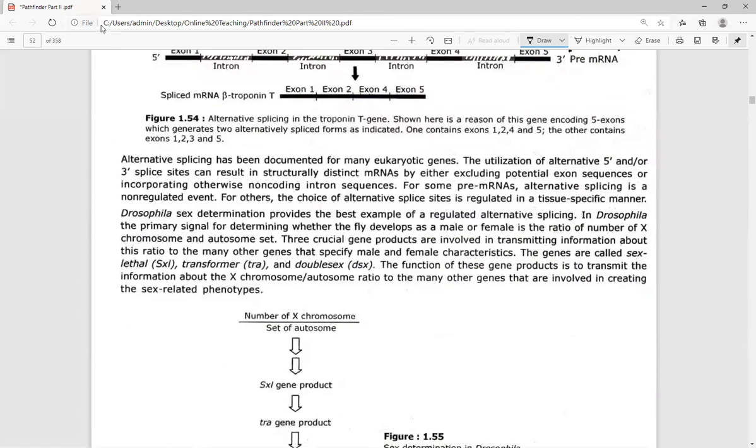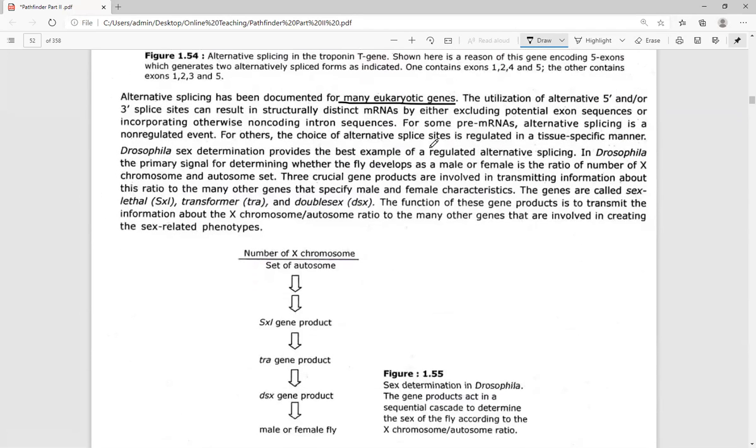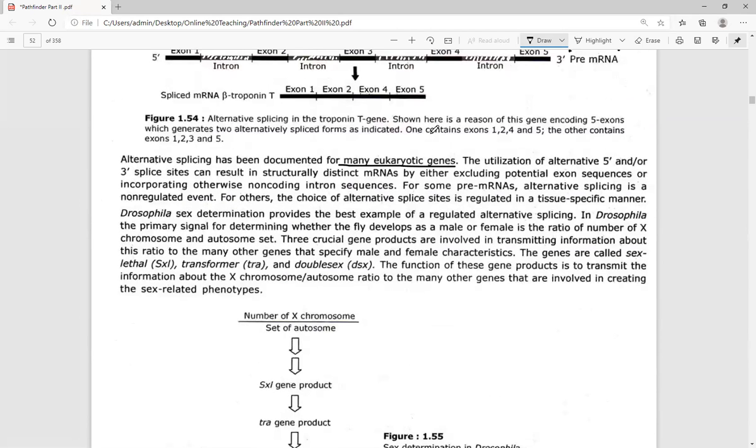Okay. Next, alternate splicing has been documented in many different eukaryotic genes, especially in the case of Drosophila melanogaster. Now, how does alternative splicing take place in Drosophila?